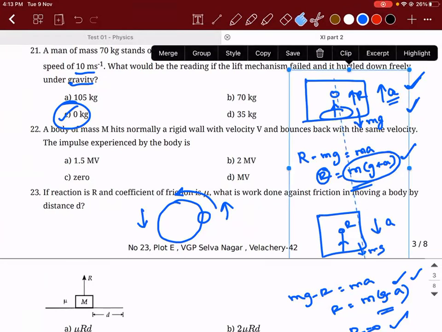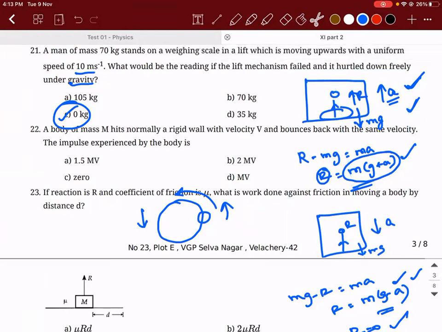Sir, so in this question, the person's head will be touching the roof of the lift. No, nothing like that, bro. Nothing of that sort. See, first of all, this can't happen in real time. You imagine a lift falling under the influence of gravity. It is literally an accident. This can't happen. It's only a theoretical question. It means if you place a weighing machine there, this is what happens.